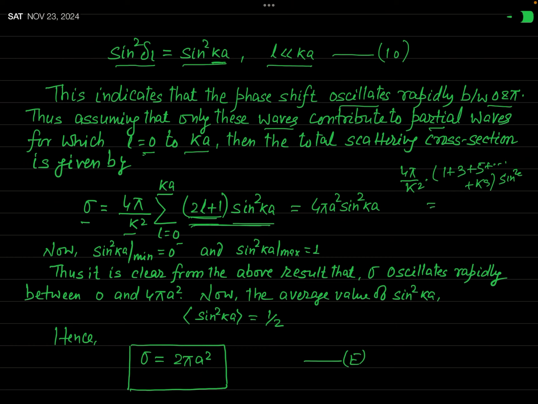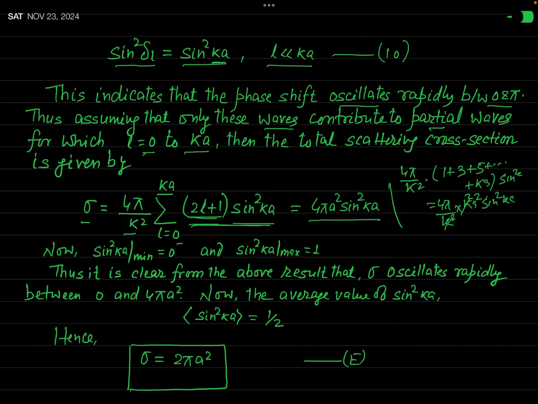Actually this sum will be equal to 4 pi over K square times K square A square times sine square Ka. Here K square and K square will cancel out and your result is 4 pi A square sine square Ka.